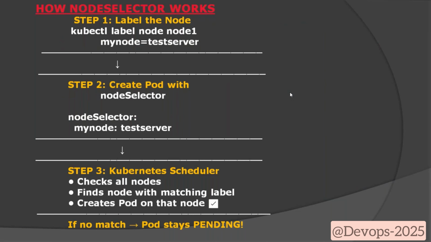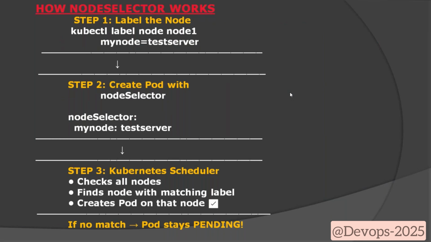Now let's understand how NodeSelector actually works step by step. There are three main steps. The first step is to label at least one node. This is like putting a name tag on the server. In the second step, in your pod specification, you add a NodeSelector field with the matching label.